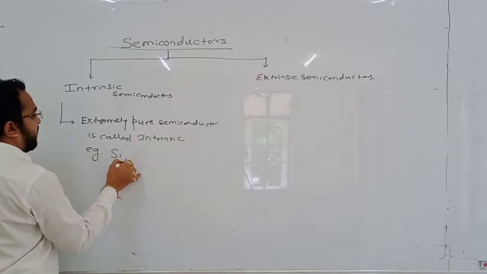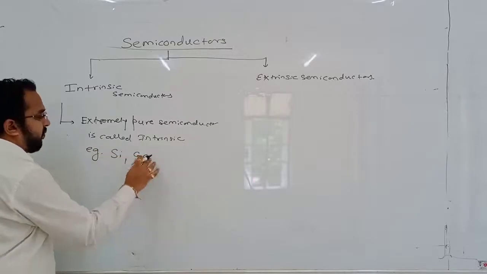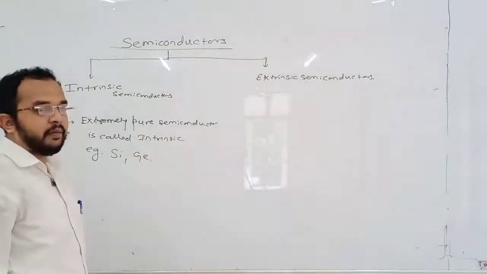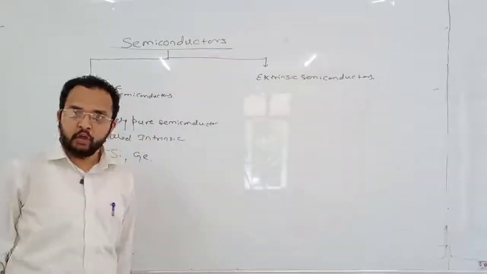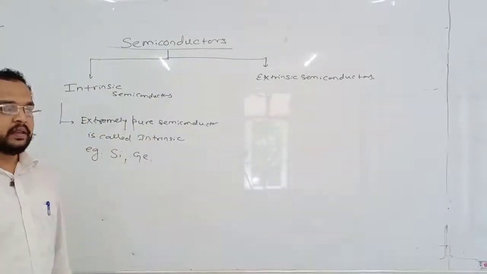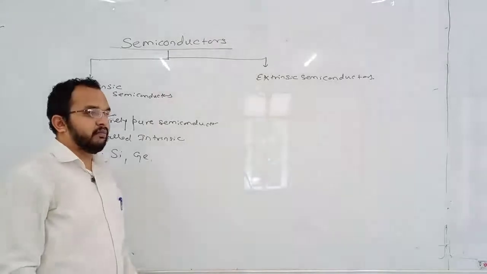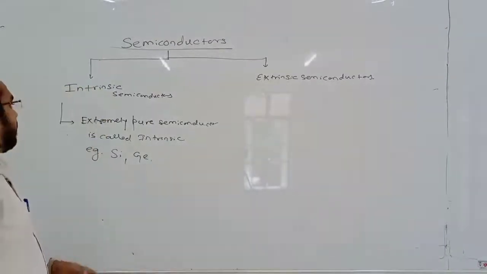Example: silicon, germanium. Both have valency 4. Silicon and germanium.